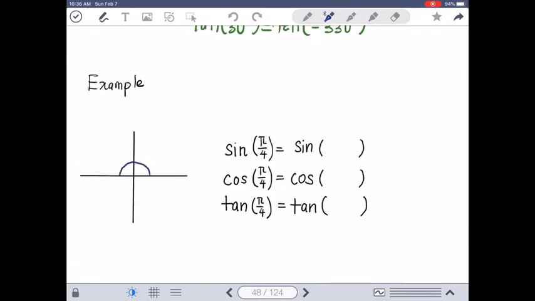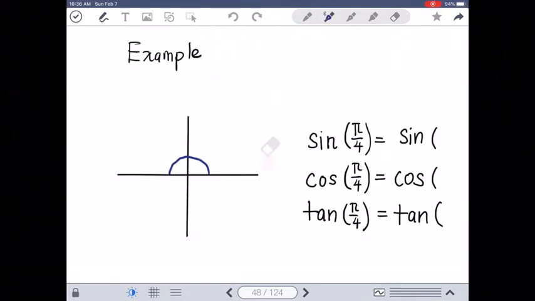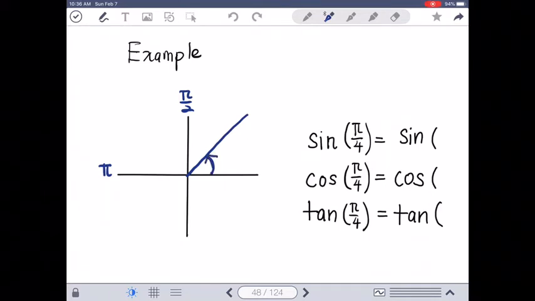This is pi, from here to here. And this is pi over 2. So we know that pi over 4 should be in the first quadrant. So say this is your angle, pi over 4.